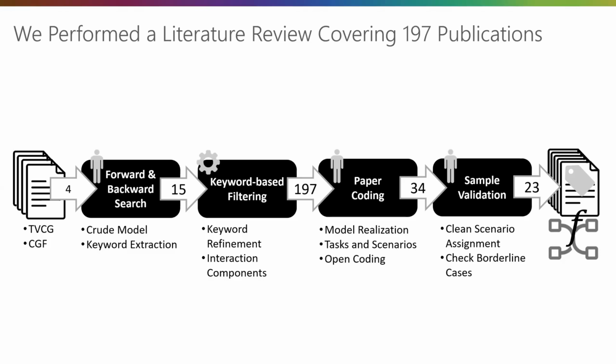In the next step, we went through these papers, rejecting them, refining them, and formed also our model, where we in the end had 34 papers. In this very last step, the sample validation step, we went through all of those 34 papers, and we indeed had to reject again 11 papers just because this linkage mechanism was just one way, and we saw in our previous definition that we require through our definition to have a bidirectional mechanism there.